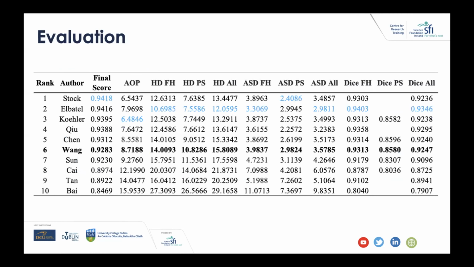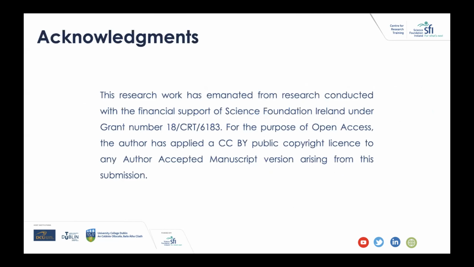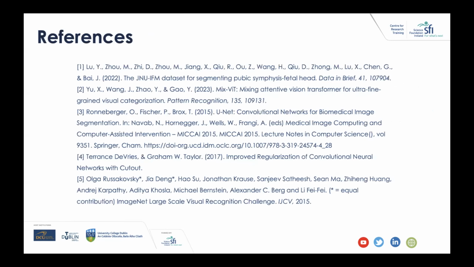I would say the Dice score for the two organs in our model is not bad, but as I mentioned, the limitation of our research is that we didn't consider other metrics like distance. So our final score is not as good as other people's, but our Dice score is very competitive, I would say.